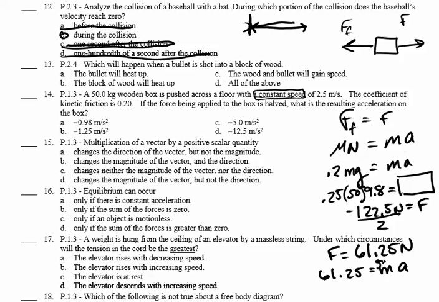M is 50, so divide both sides by 50, and this is negative, that's negative. And the acceleration now is going to be negative 1.225. And the closest answer I have to that right here is B.